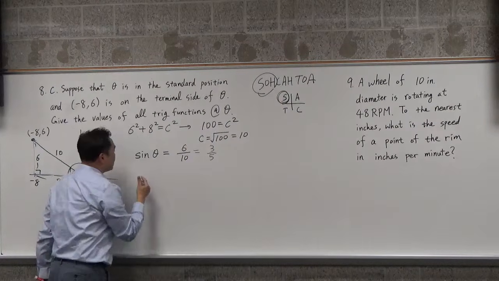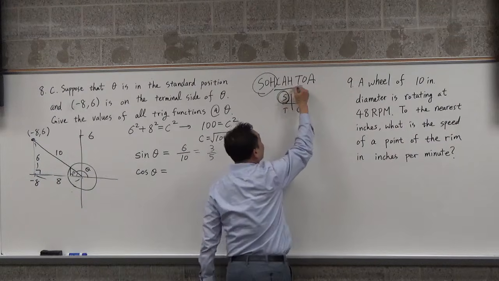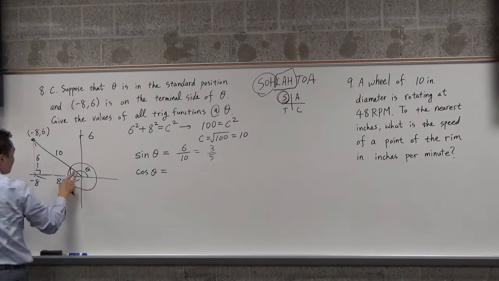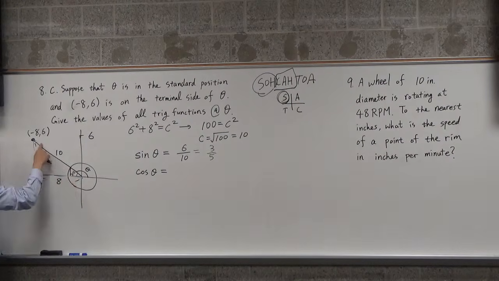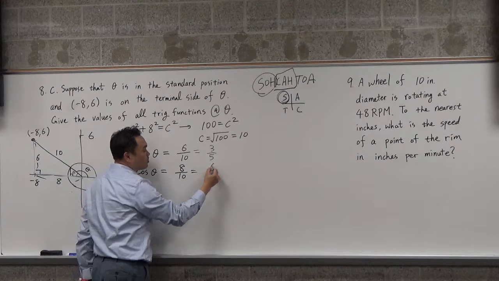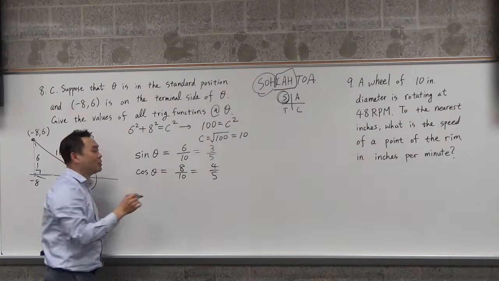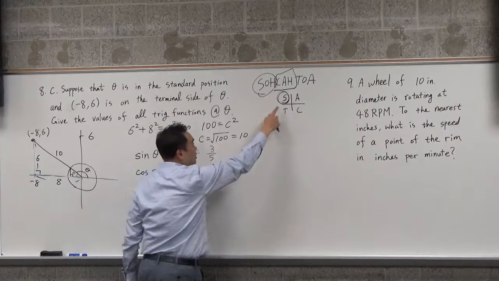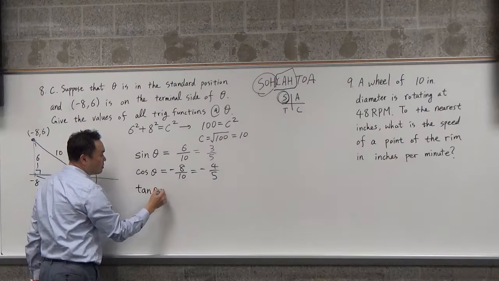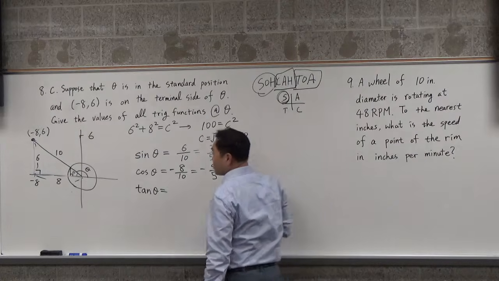Okay? All right, so let's go to cosine theta. SOHCAHTOA says cosine is adjacent over hypotenuse. In this picture, adjacent is 8, hypotenuse is 10. So you have 8 over 10, which reduces to 4 over 5. Is that correct? No. What do we have to do? Negative. Put a minus, yes, because of this thing. Okay? All right, now we have tangent of theta, which, according to TOA, is opposite over adjacent.